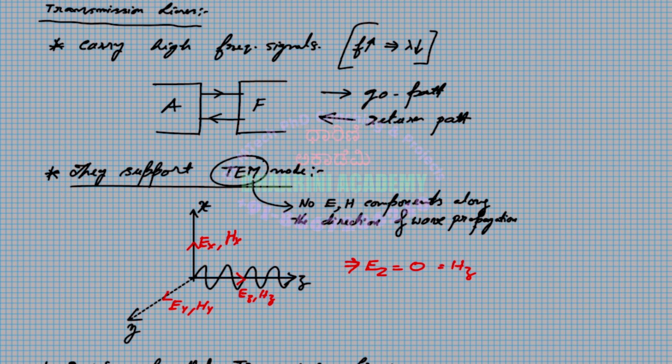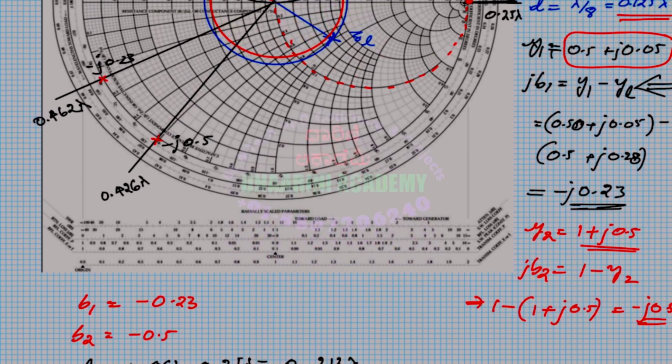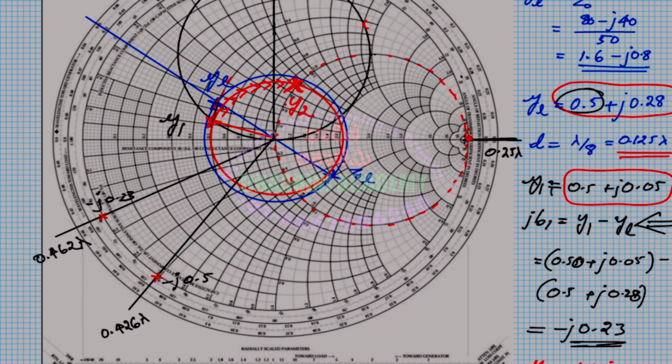So far, we started with zero, I moved 0.25, and I'm coming further. I reached my minus j 0.5. I further moved and reached this point. Still I have not completed one circle, so there is no question of crossing 0.5 in this problem.